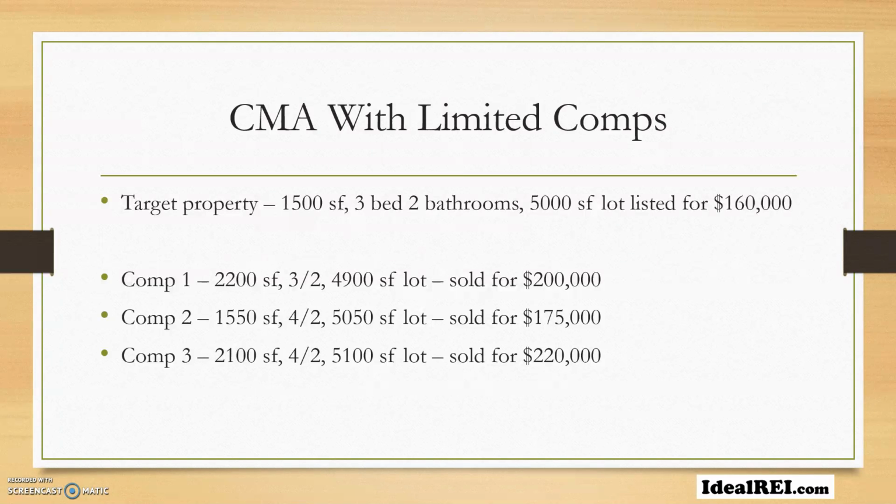But sometimes there aren't a lot of comparable properties that have sold recently in the area. Like in this example, there's a property with the same number of bedrooms, but it's way bigger, a lot more square feet. And it's sold for a lot more money. There's another one that's got the same or similar amount of square feet, but it's got an extra bedroom.